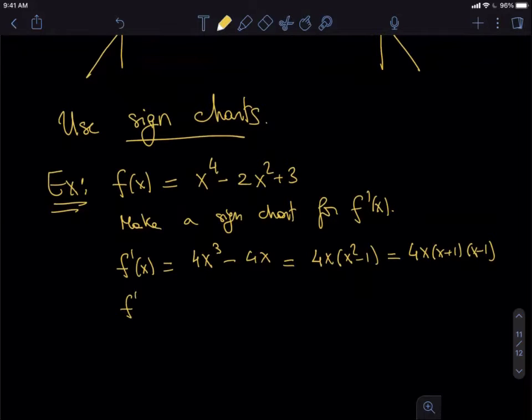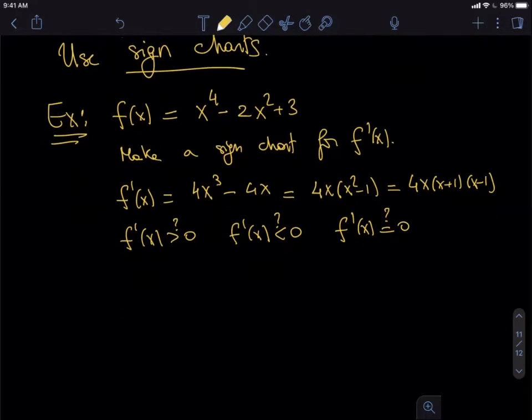And now the question is: is this positive? Is this negative? Is it 0? The values for which the derivative is 0 are clear. They are the roots, right? It's going to be 0, -1, and 1.